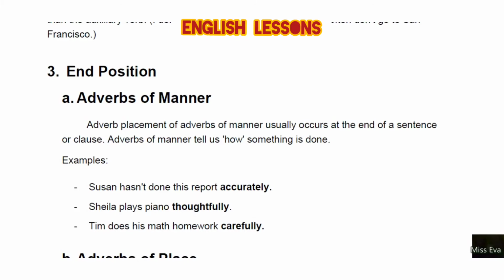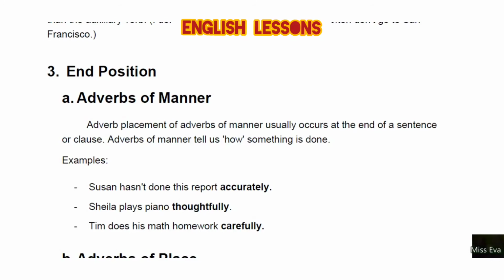While it's true that adverb placement can also happen in the initial or mid position, in front and middle, we now discuss the last position. Here are the 3 most common types of adverbs placed at the end of the sentence or phrase. Let's see. A, adverbs of manner. We know this already, right?